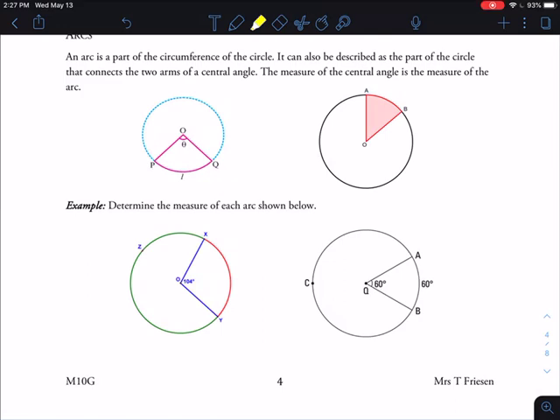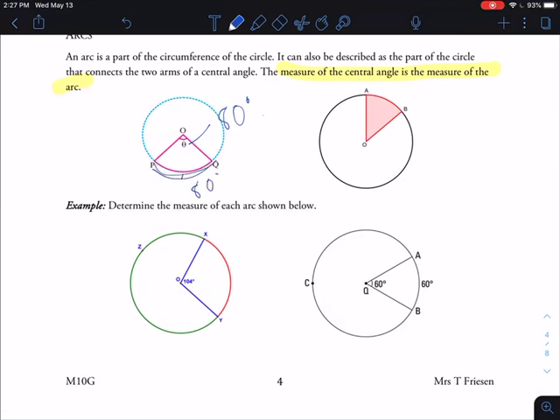Okay, and the important piece here is that the measure of the central angle is the measure of the arc. So that means that if this theta here was 80 degrees, then we would have this arc measuring 80 degrees.